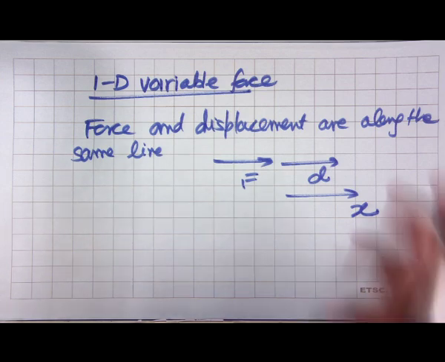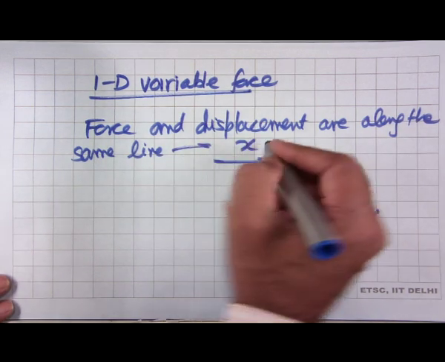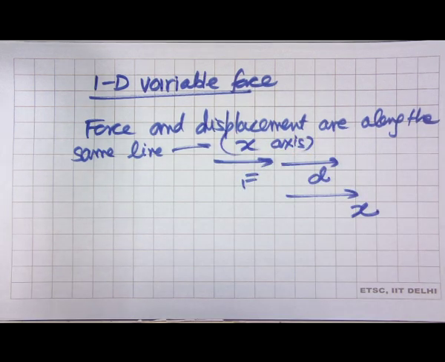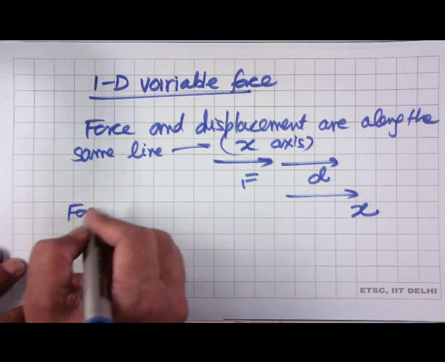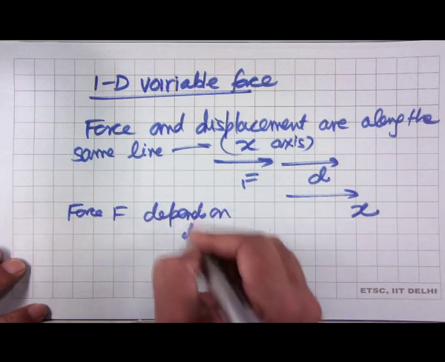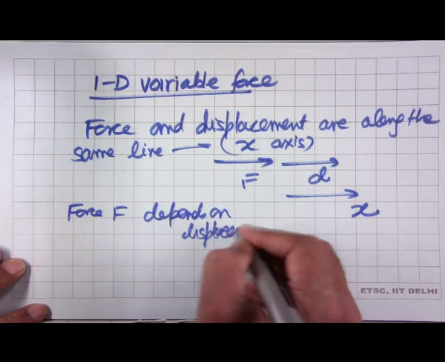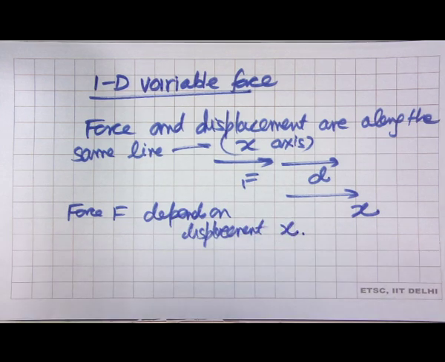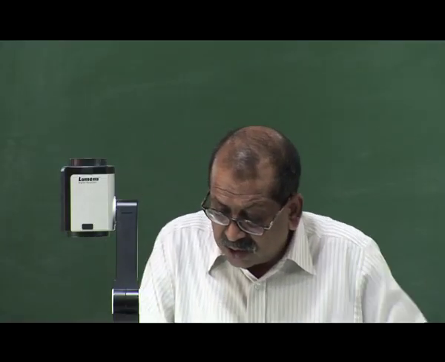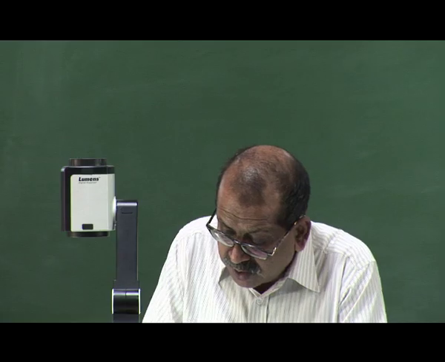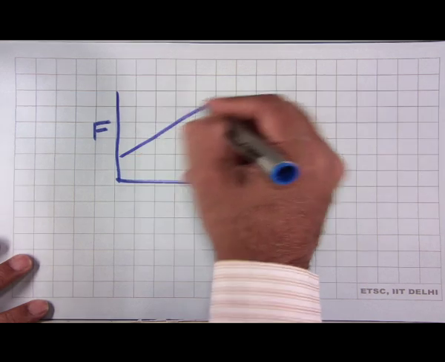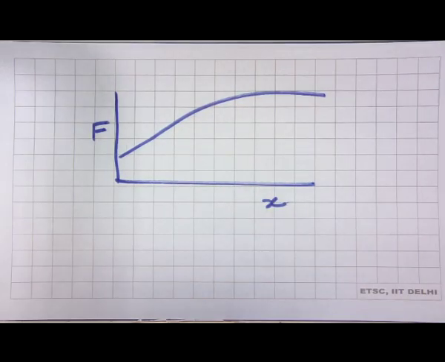So, the same line which we take as the x axis or the x direction. And let us say the force F depends on the displacement, and the displacement we show as x. And this we can show in a graphical form. We have a force as a function of x, and force is varying with x.